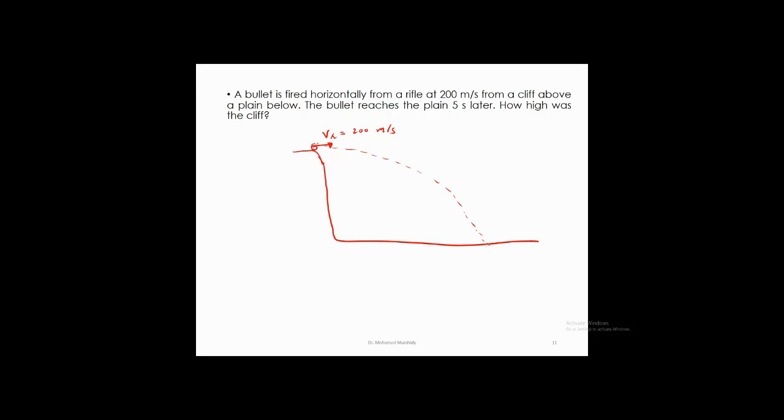Remember the concept here. Let's solve a problem. Please concentrate with me. This bullet will take 5 seconds to hit the ground if it moves along the path, and it will also take the same time if it just falls down like that.